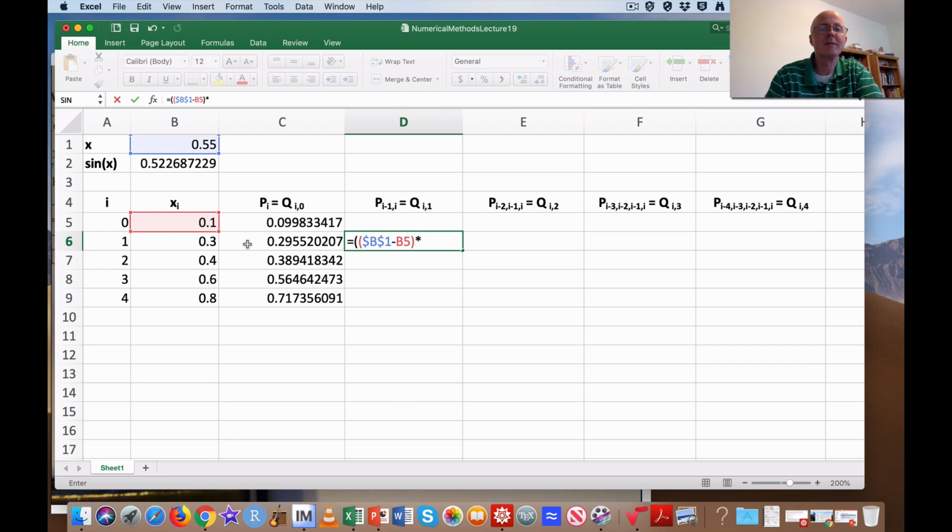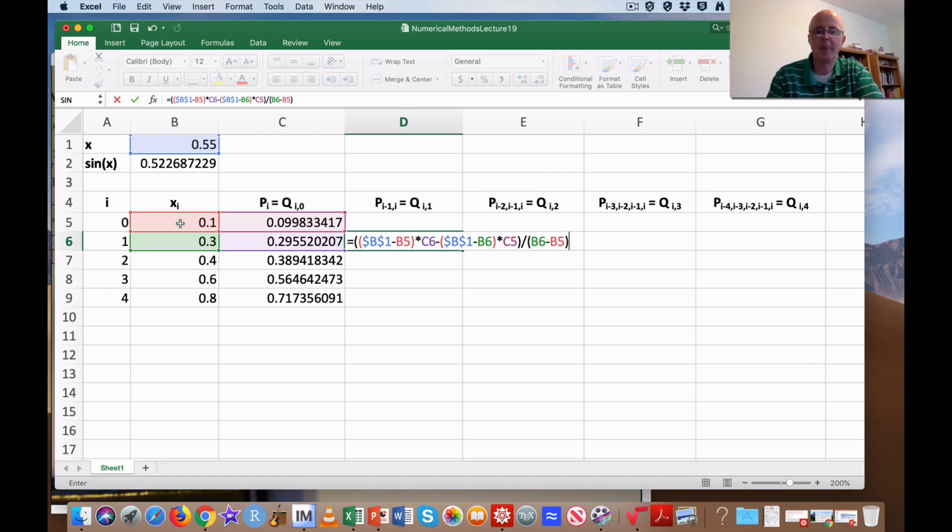Times, go diagonally here, this number, minus, not plus, minus, in parentheses, B1 again with dollar signs, minus x1, which is 0.3, in parentheses, times, go diagonally to this number. End parenthesis, divide by, in parentheses, 0.3 minus 0.1 from cells B6 and B5.